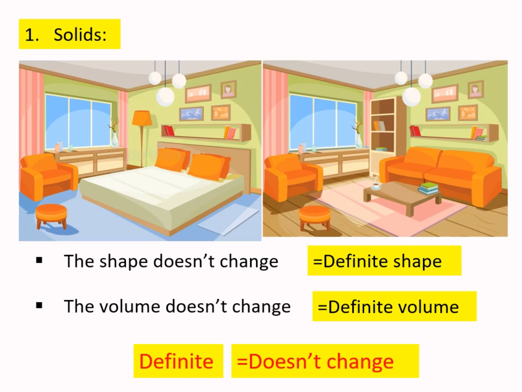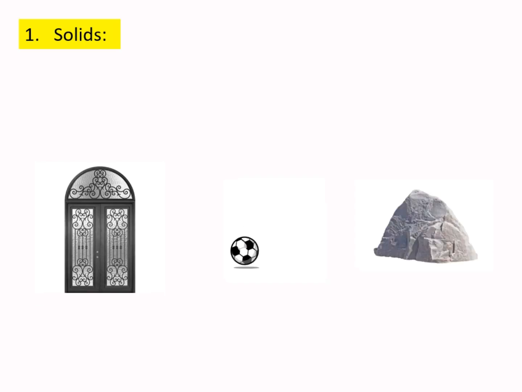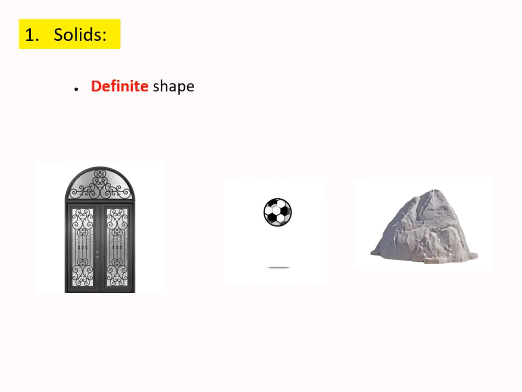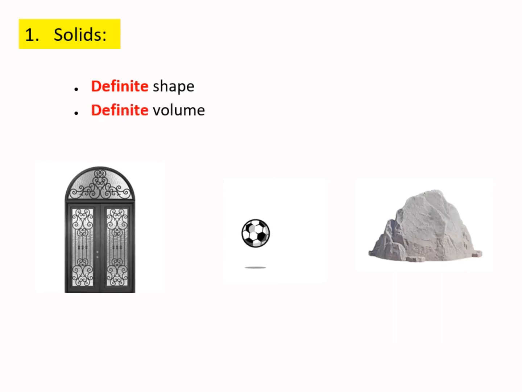So again, when we move the solid from one place to another, we will find that it has a definite shape, which means its shape doesn't change. And also, the volume of the solid doesn't change. It doesn't get bigger or smaller. So solids like door, ball, and rock, all of them have definite shape and definite volume.